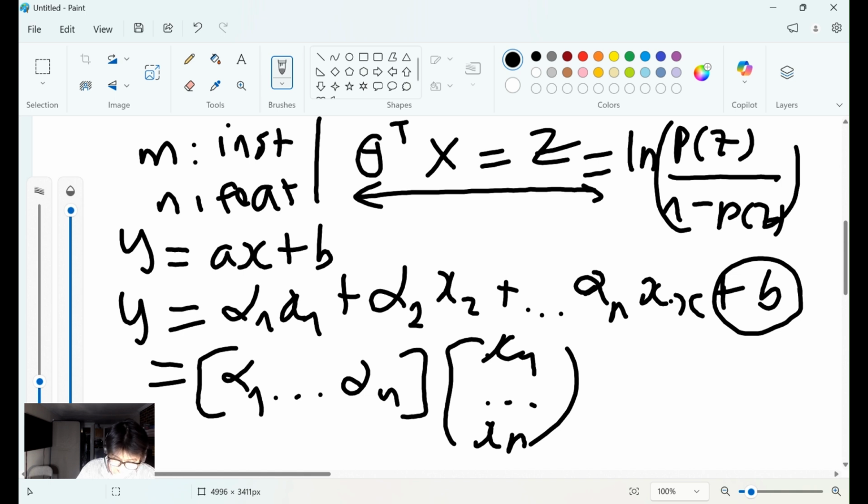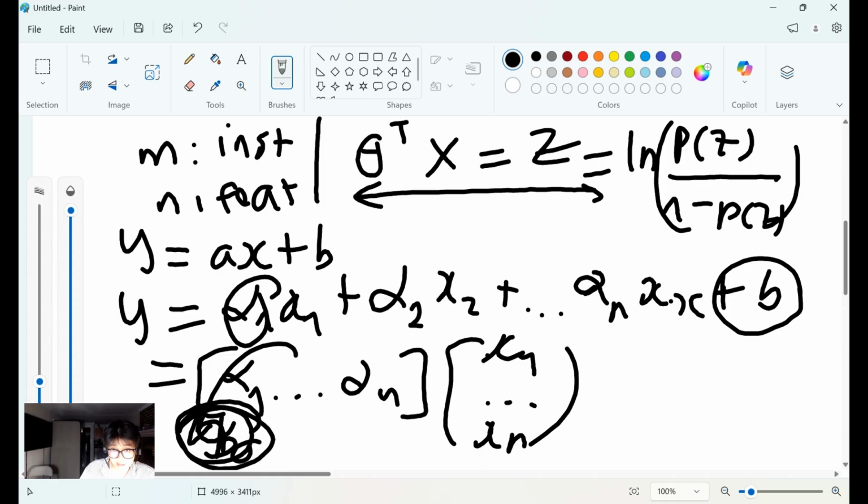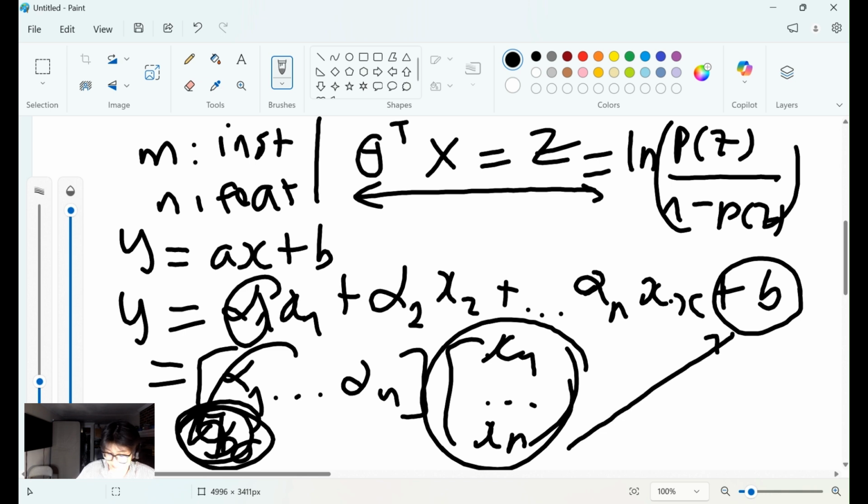In fact, these can be represented as matrices, but right now I won't represent this as matrices, just to keep it simple. So these are two vectors, right? So b can actually go inside here, something like alpha 0, which, when all of the other parameters equal 0, we have this parameter multiplied by x1 to xn and summed together, which equals b.